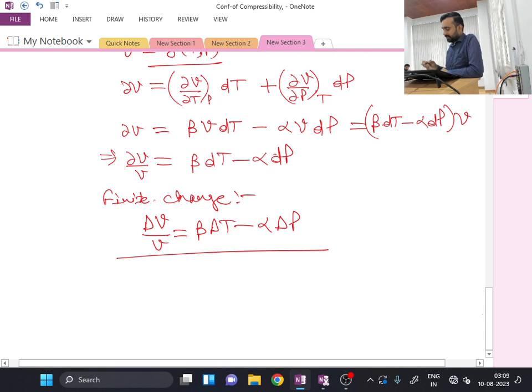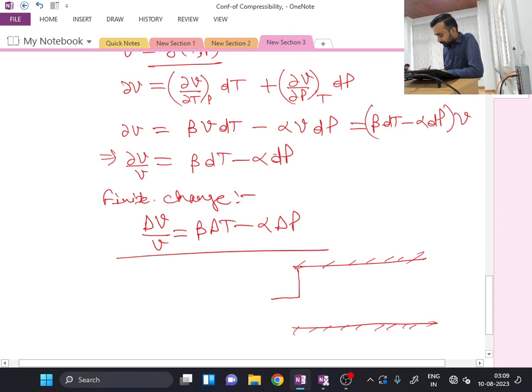So how we can understand that is, let's consider that I have a piston cylinder system. So this is a cylinder wall, and this is a piston over here. And this piston is sliding in the rightward direction with some velocity dv bar. So for volume I am using the symbol V, so for velocity I am using v bar.